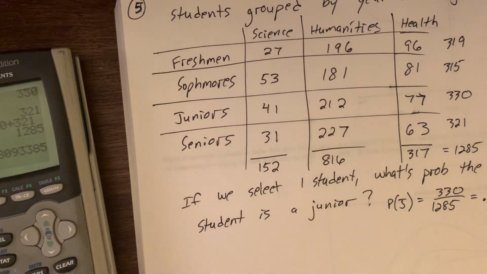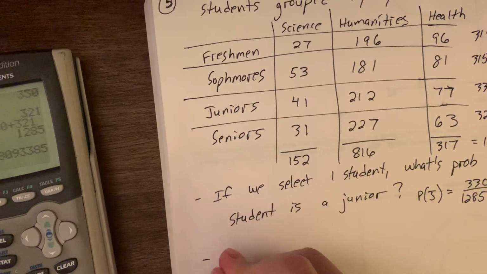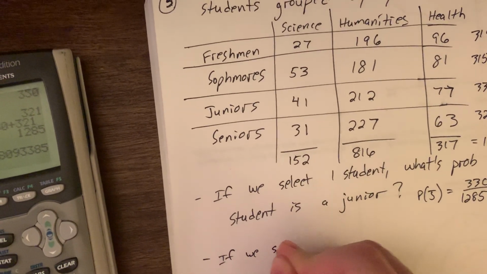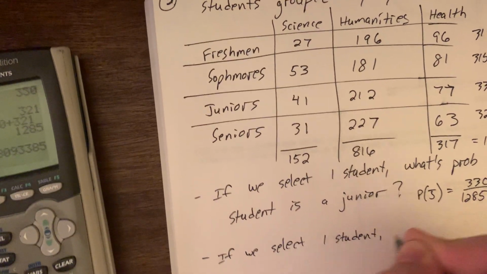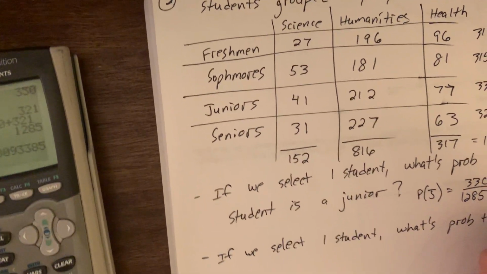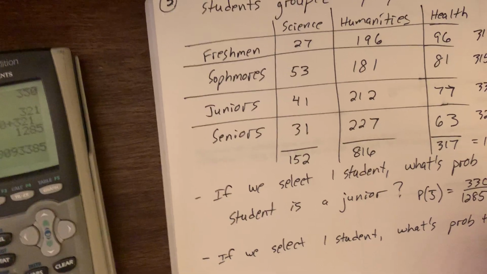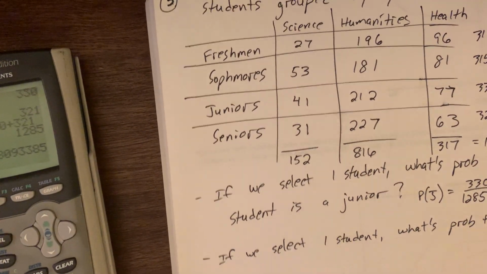So let's keep going with this example for a few more, and then we'll get a few final properties that we'll finish up with. So, still selecting one student. What's the probability their major is health? This is just like the first one.